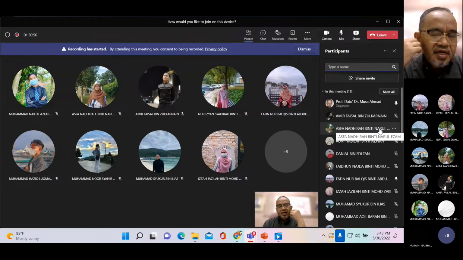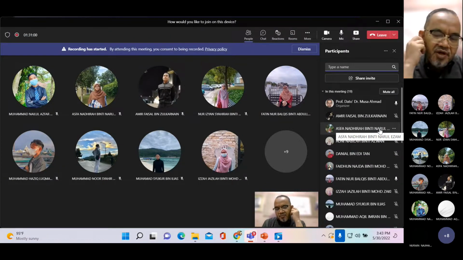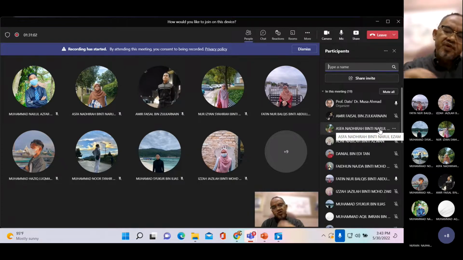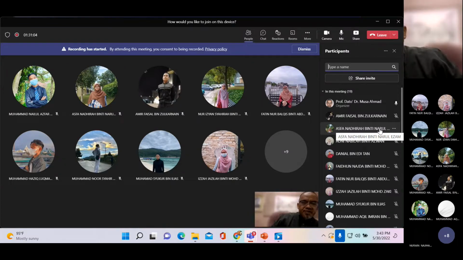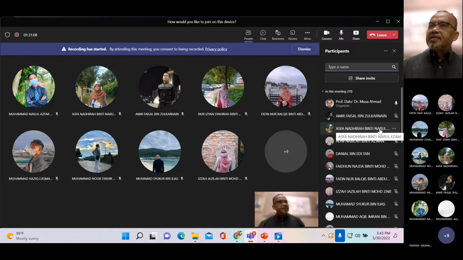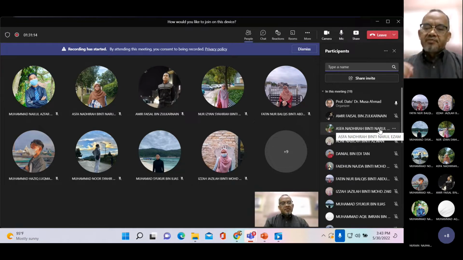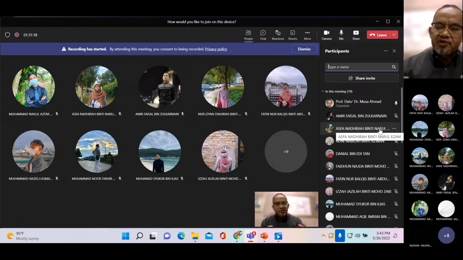Ada alat yang modern sekarang ni memang boleh buat serentak. Maknanya sample compartment dia mungkin ada lebih, tapi dia menggunakan diode array. Tapi mungkin tak dibincang di sini because I try to familiarize you with the basic concept. Jadi diode array tu more on the detector.